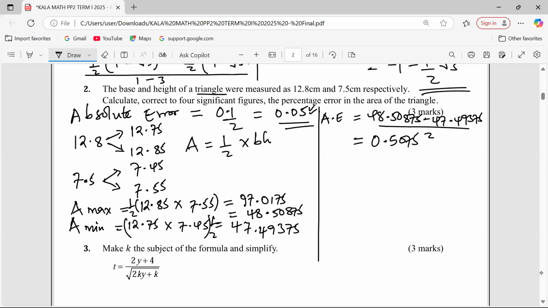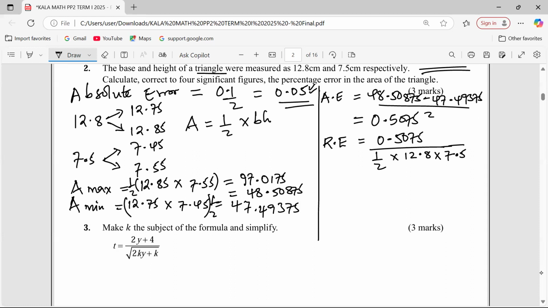After the working of the absolute error, we proceed to what we call relative error, which is given by absolute error out of the working area. So working area, which is also called the actual area, will be half multiplied by the base as it was recorded, then multiplied by the height as it was captured that way. This is what we call relative error. Then we proceed to percentage error, which is given by relative error times 100.